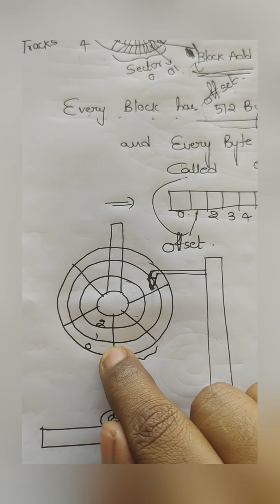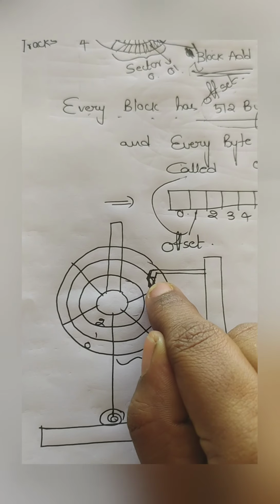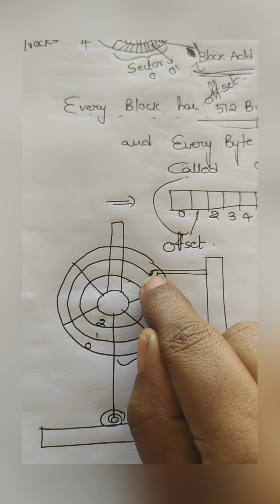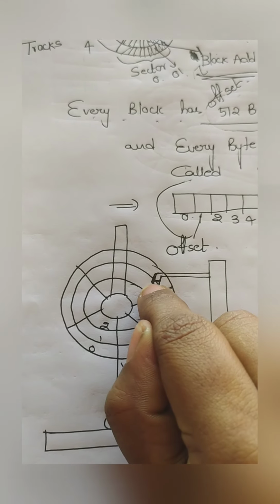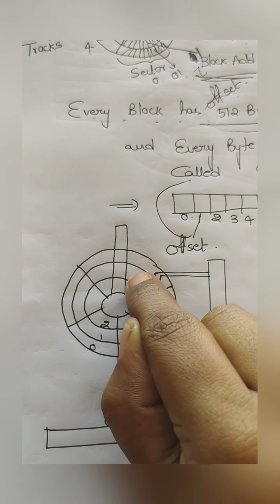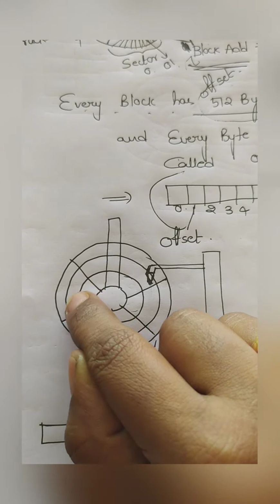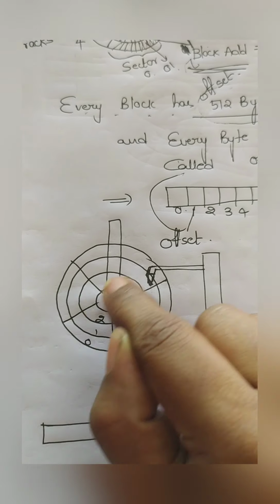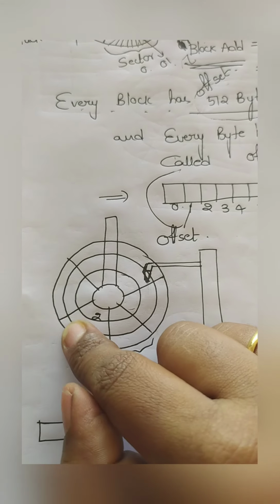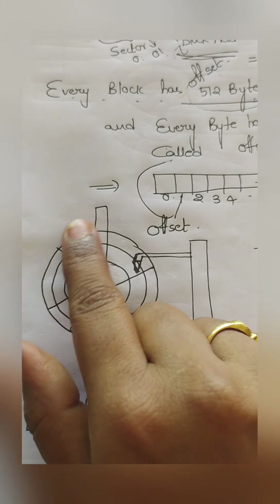The disk will rotate slowly, and the read head will read. Whenever the disk rotates, the track number as well as sector number change. This is the clockwise direction or else anti-clockwise direction.